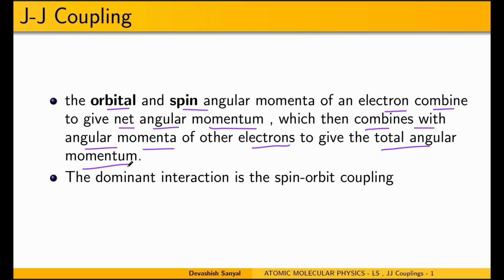In this case, the dominant interaction is not spin-spin correlation. The dominant interaction is the spin-orbit coupling. That is why the orbital and spin interact with each other, and this causes the main splitting of the energy.